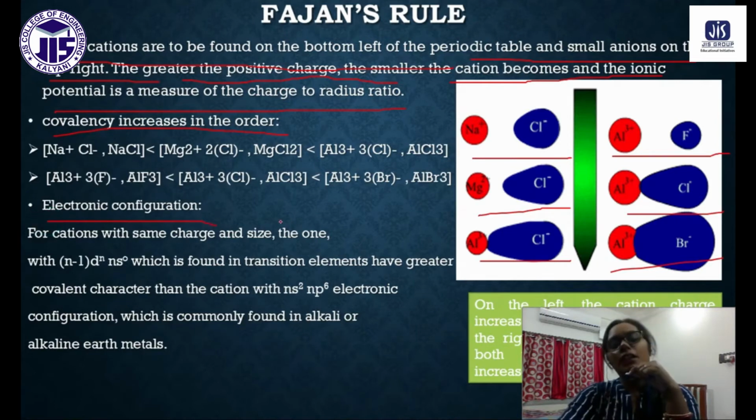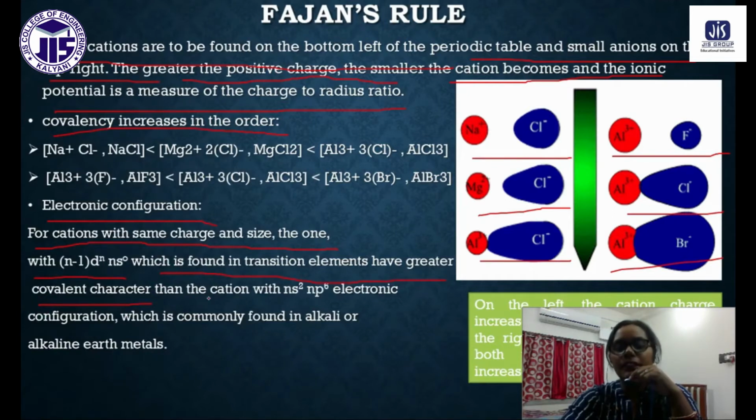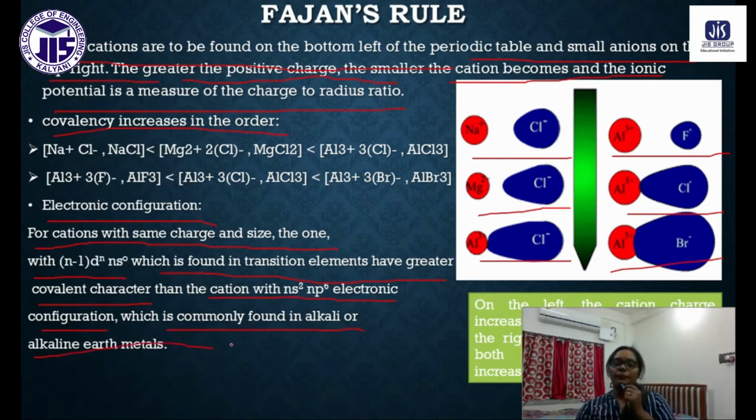And lastly, Fajan's rule states that for cations with the same charge and size, those with the (n-1)d^n ns^0 electronic configuration, which is found in transition elements, have greater covalent character than cations with the ns2 np6 electronic configuration, which is commonly found in alkali or alkaline earth metals. The covalent character also depends on the electronic configuration of the cation.